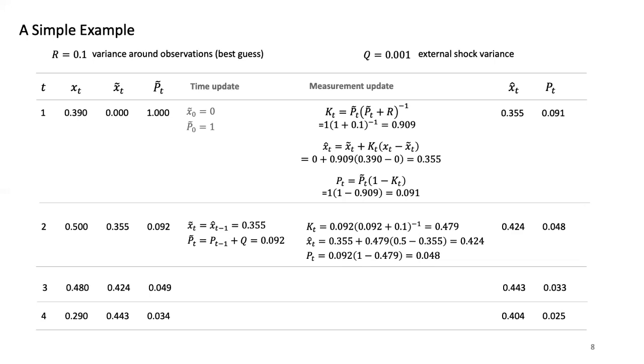And then in time period number 2, I have an observed value of 0.5. These equations work out to give me an estimate of 0.424 at time period 2. So this just goes on as I have more observations come in.